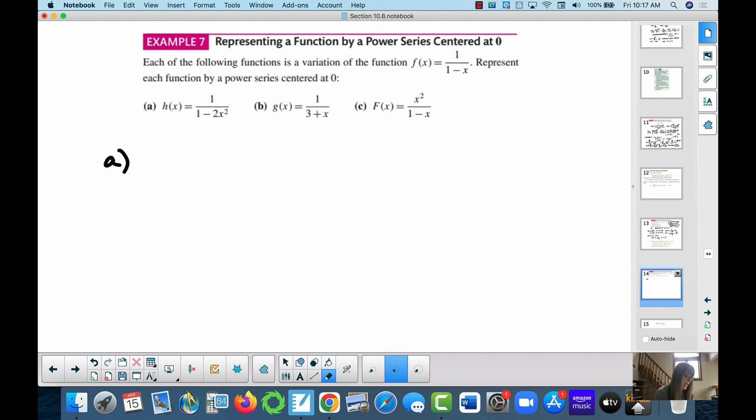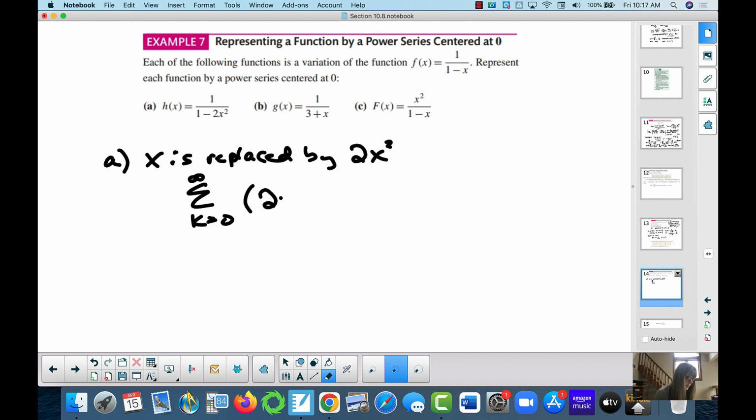So in example A, x is replaced by 2x squared. So instead of using the power series x to the k, we're going to use 2x squared to the k.